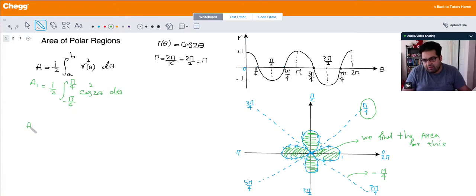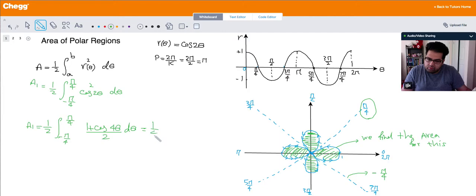So we have A1 equals 1/2 integral from negative pi over 4 to pi over 4. This becomes 1 plus cosine of 4 theta divided by 2 d theta. That becomes 1/4 integral from negative pi over 4 to pi over 4 of 1 plus cosine 4 theta d theta.